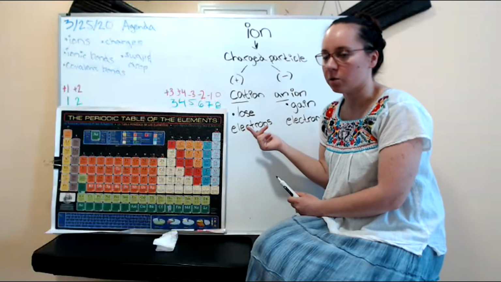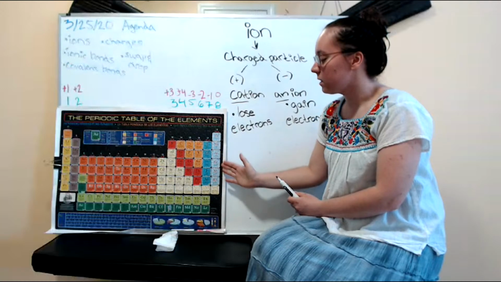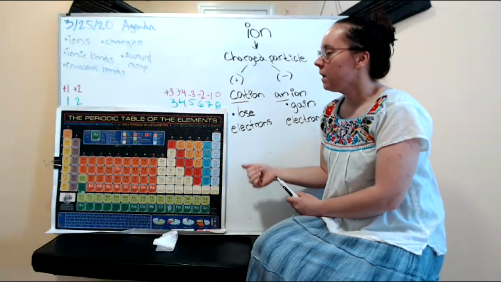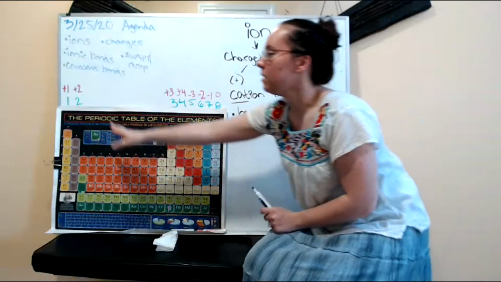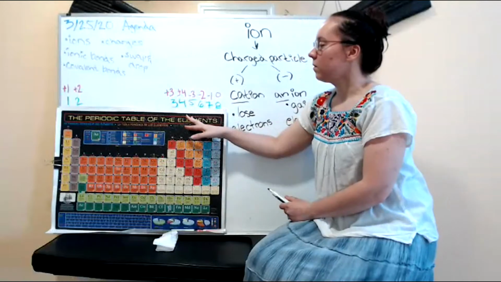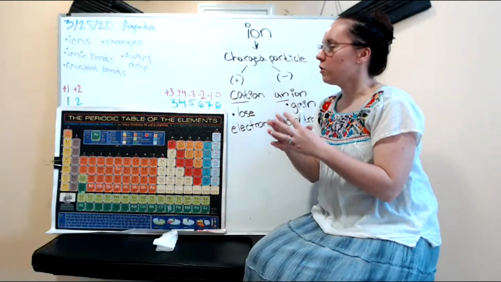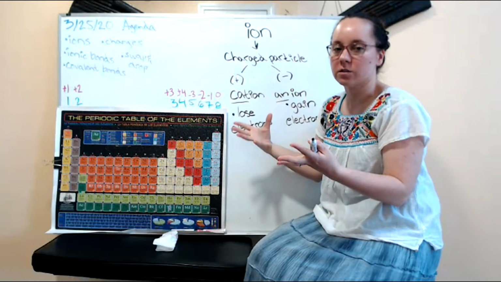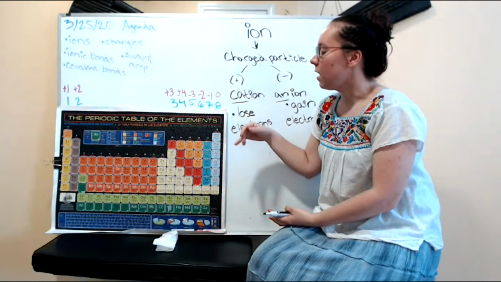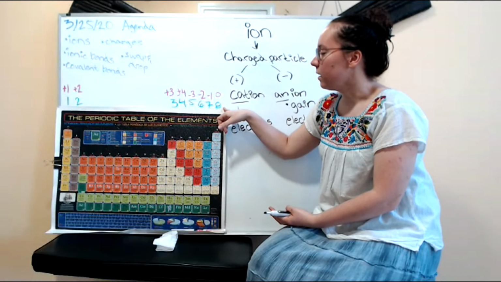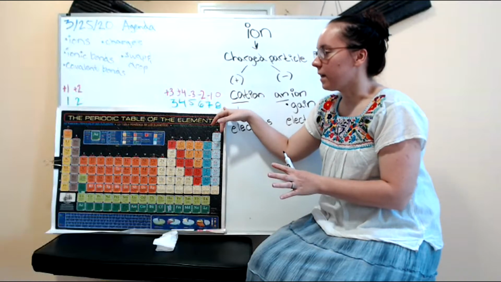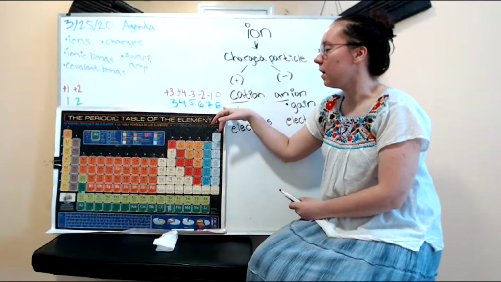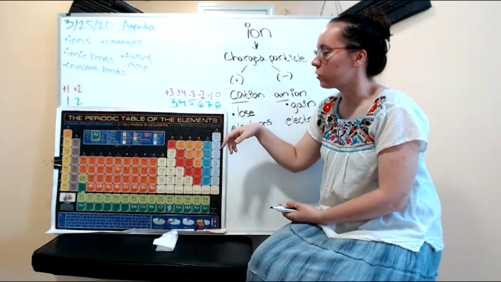It only needs 2, so it's happy with 2. But all of these in the noble gases are stable. So that's why these elements are going to either give electrons or take electrons, so that at the end, they can all have a net charge of 0 for the whole compound or molecule. And then each element in its own way can have its full valence shell, which is usually 8 valence electrons.